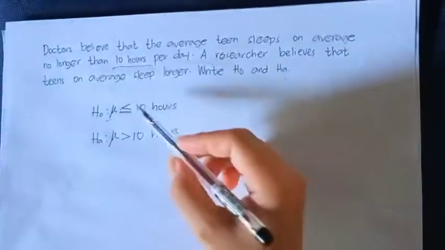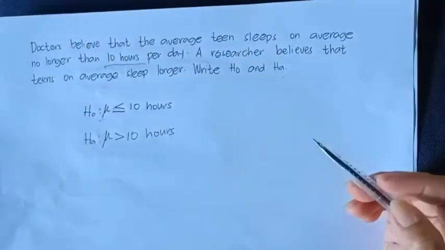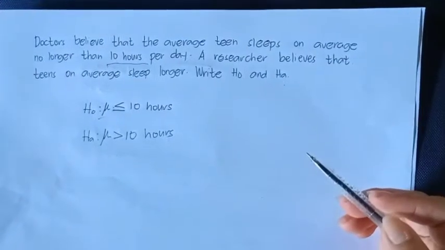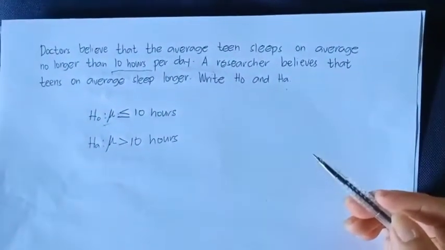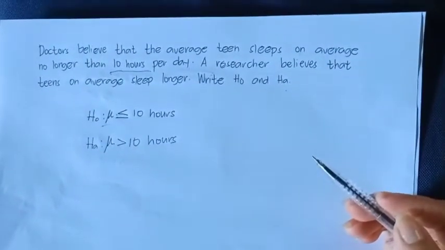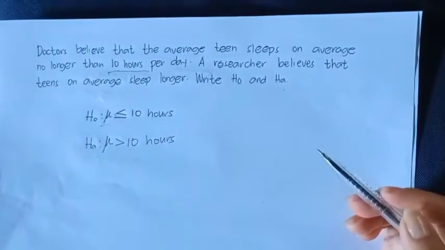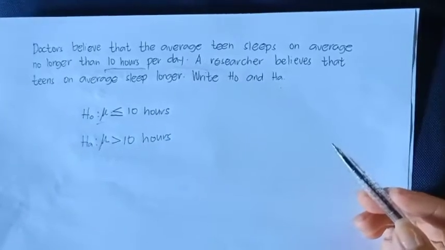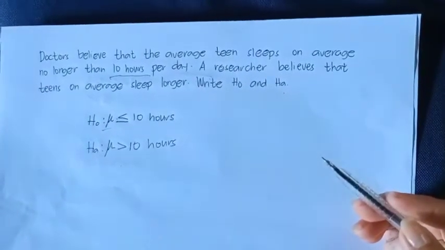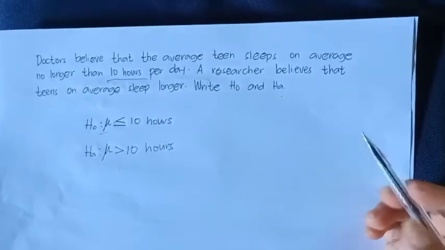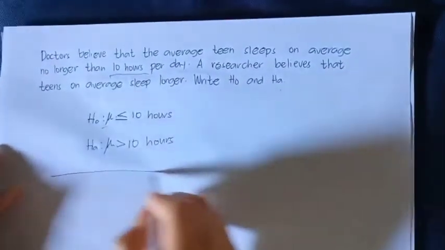The first hypothesis includes every number up to and including 10. The second one includes all numbers beyond 10, so together they include every number of hours a teen could possibly sleep, and that's how all of these hypothesis tests are going to be set up. When you construct the null and the alternative, you look at them together. They should encompass all possible answers for what could possibly happen.